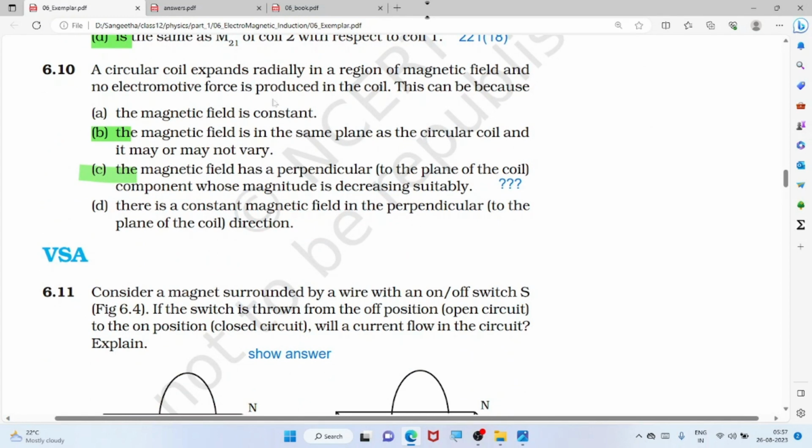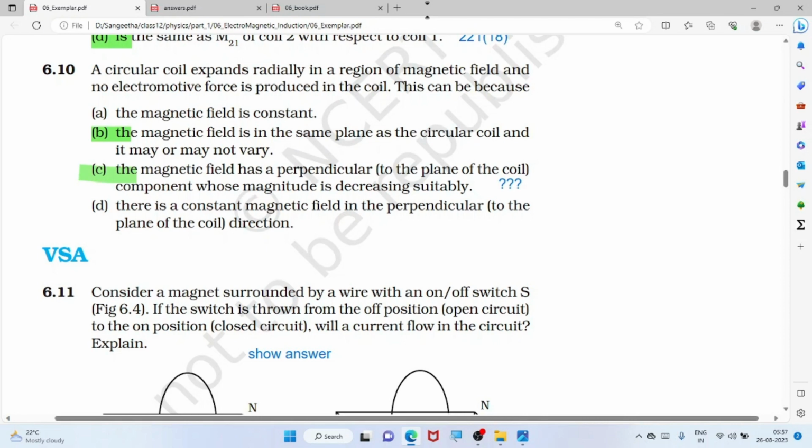A circular coil expands radially in a region of magnetic field, but there is no electromotive force produced in the coil. This can be because the magnetic field is in the same plane as the circular coil, so the angle between them will be 0.